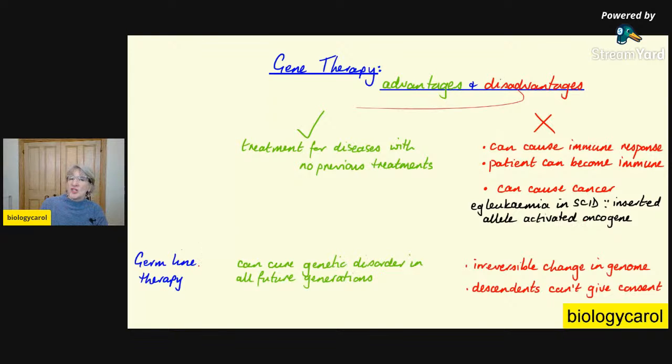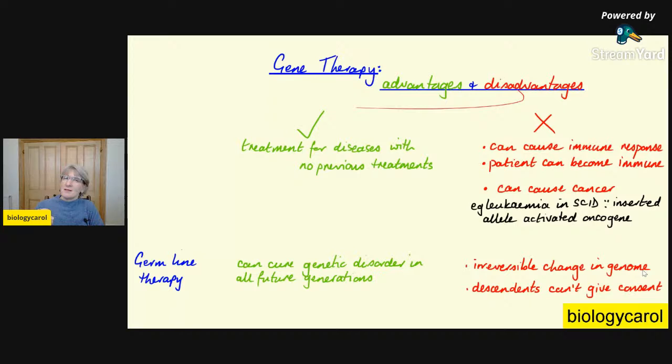In terms of germline therapy, that therapy that causes the alleles in sperm and eggs to be changed, the huge advantage is that you can cure a genetic disorder permanently throughout generations, potentially. The downside is that this is causing an absolutely irreversible change in the human genome.